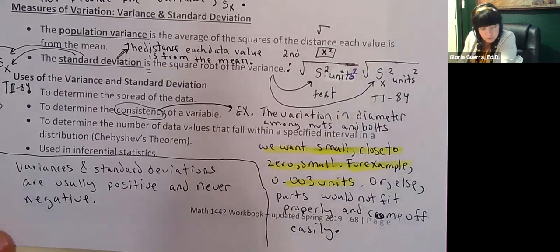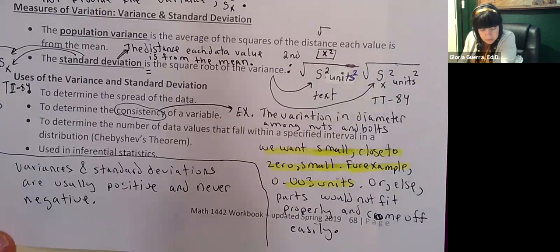The other thing to note is that the standard deviation could equal 0, and the variance could be 0. But this would occur only when all data values are the same, like all 5s or all 4s.